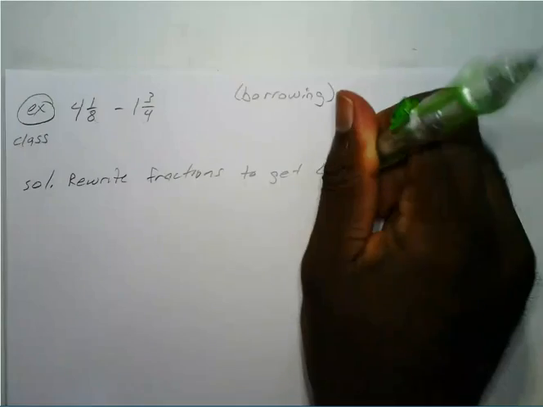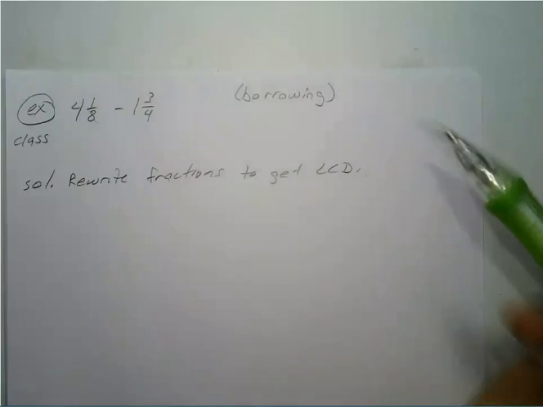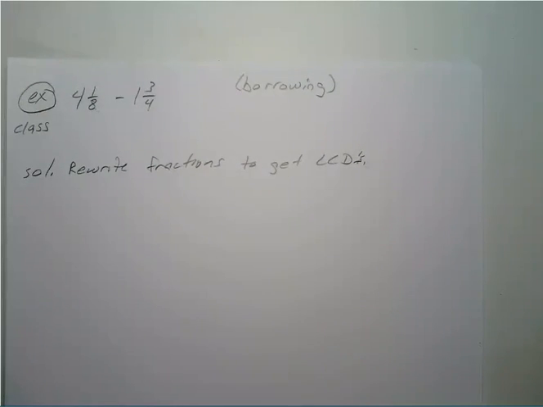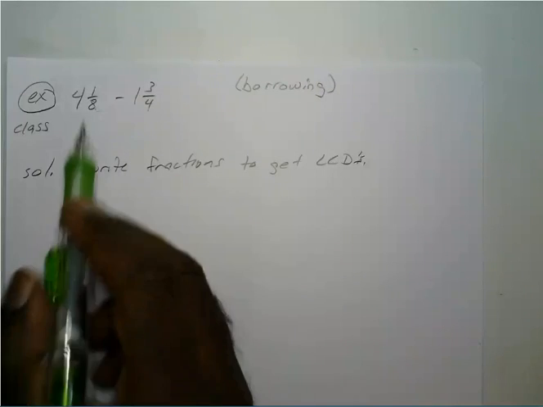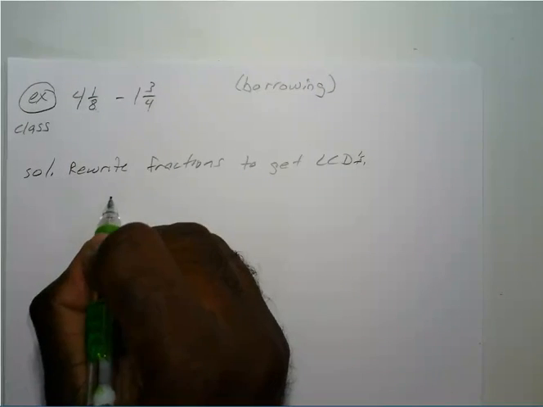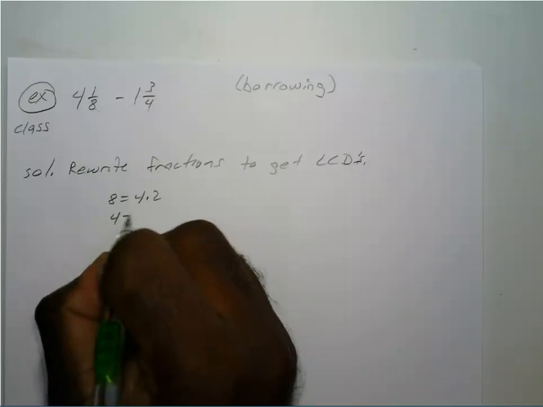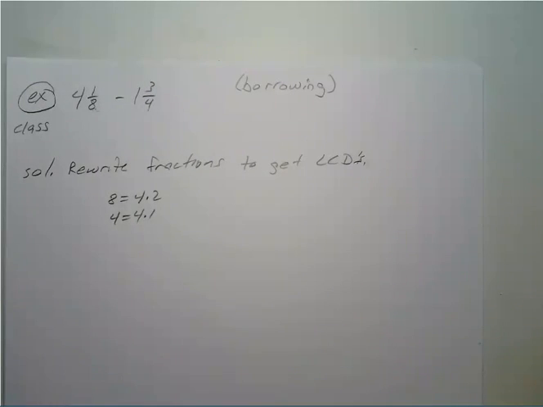Let me straighten that up a little bit. Here we go. Okay, so you're going to rewrite your fraction, just the fractional part, to get your least common denominator. Okay, so we see 8 is equal to 4 times 2, and 4 is equal to 4 times 1.